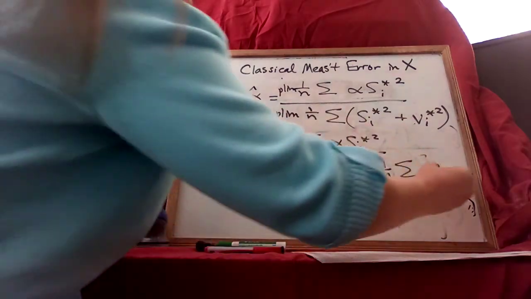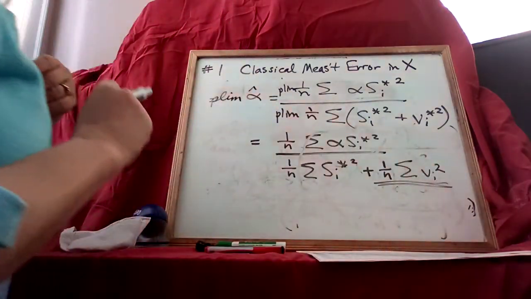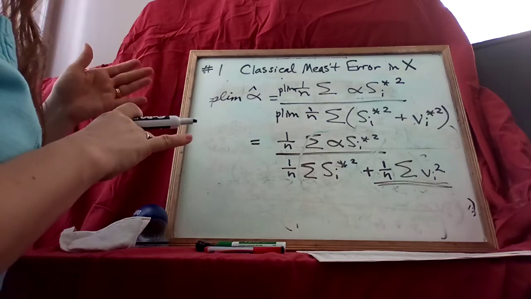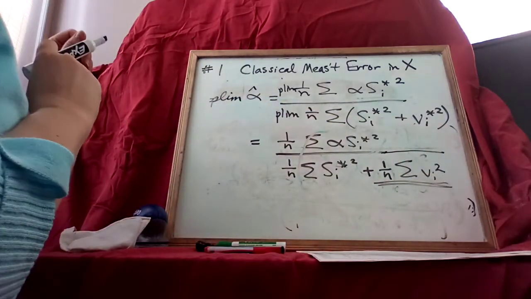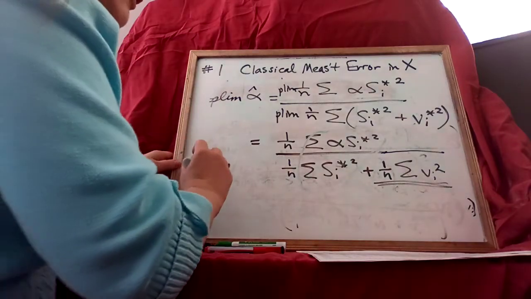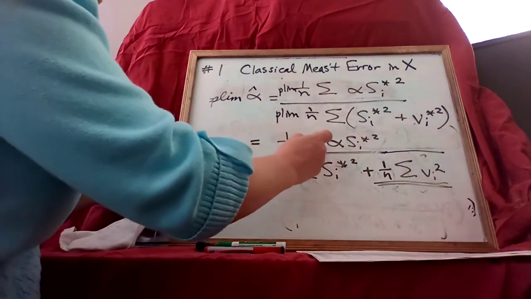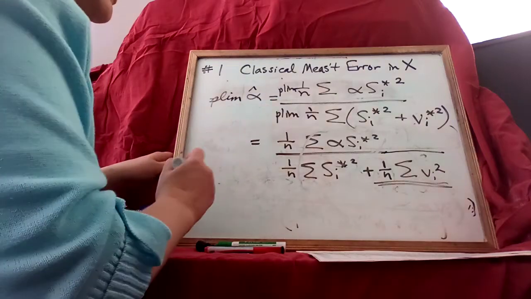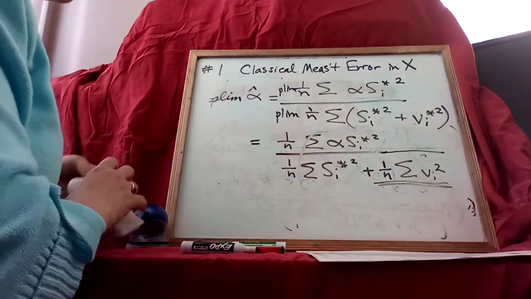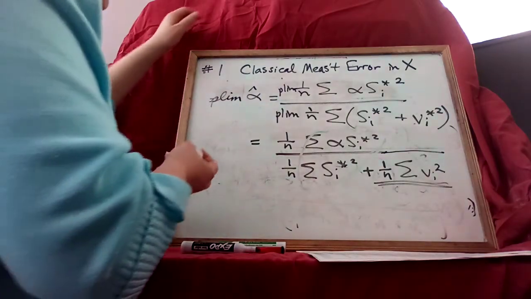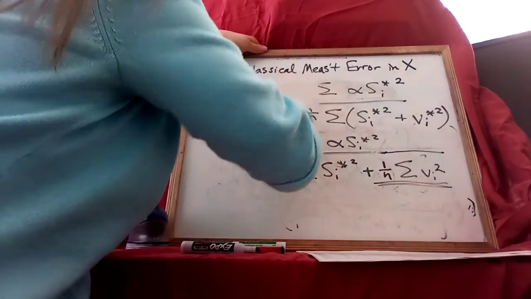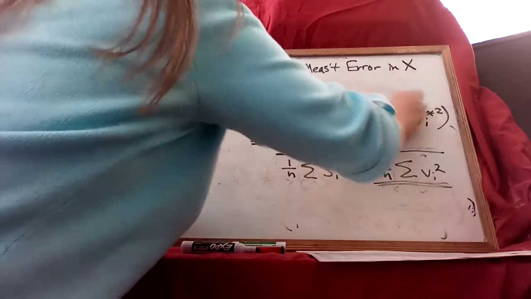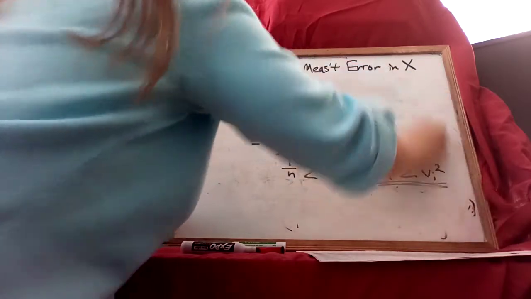So the problem comes down to the measurement error here, throwing a wrench in that, not allowing us to do that cancellation because it's in this denominator, and so it's all stuck together. If we divide through by the sum of S_i star squared, we can get a final version of what this p-lim looks like. It's ugly enough that I want to make sure that I write it nice and big here so that we can see what the consequence of the measurement error is.